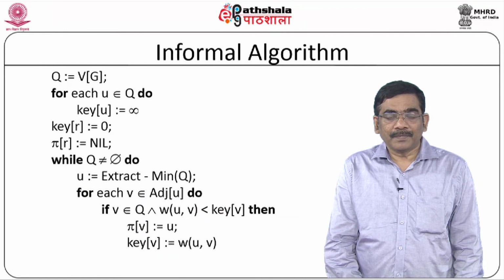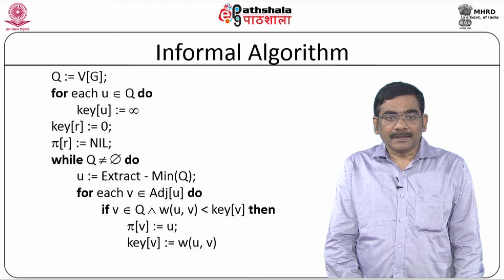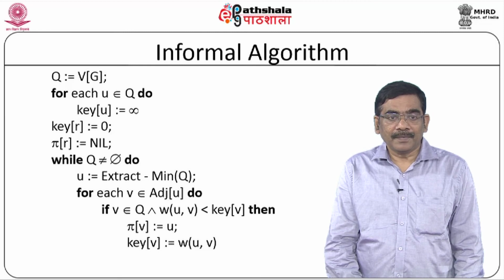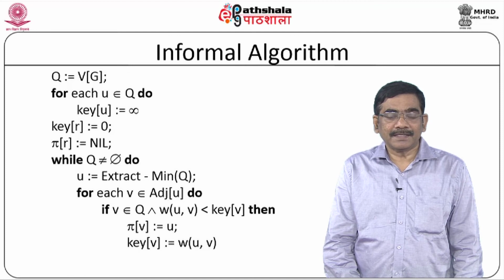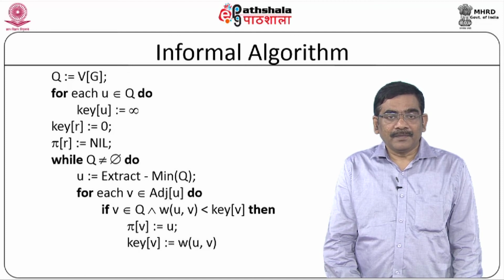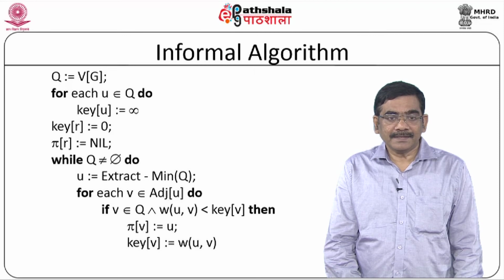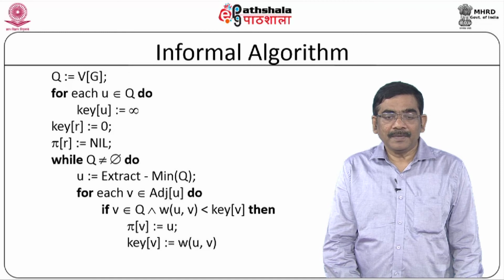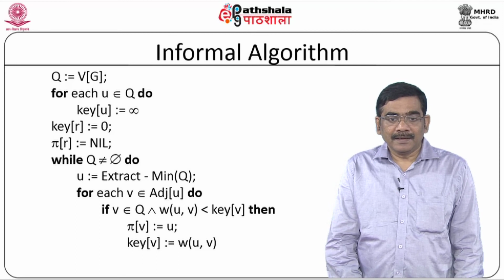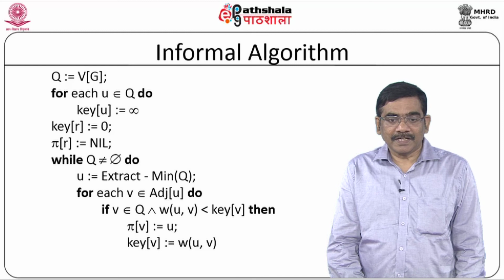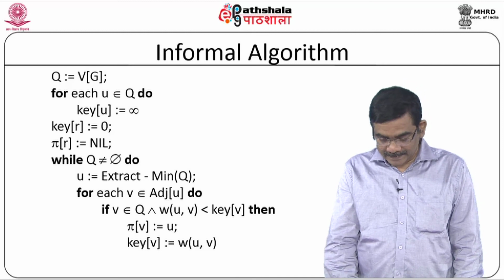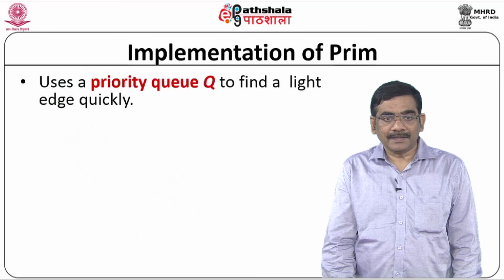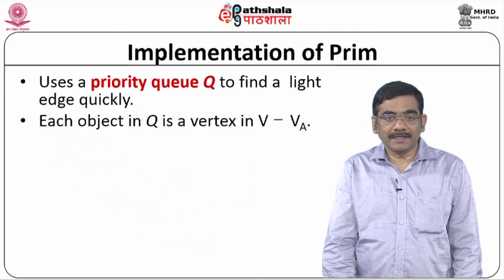I will be using the heap for this particular algorithm. You can see that initially I will take all the vertices, and initially the key is assigned as infinity. I am going to extract the minimum, and for every adjacent vertex V, I will check it and accordingly it is added. That means it uses the priority queue.